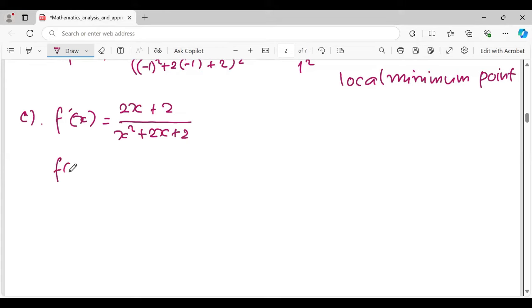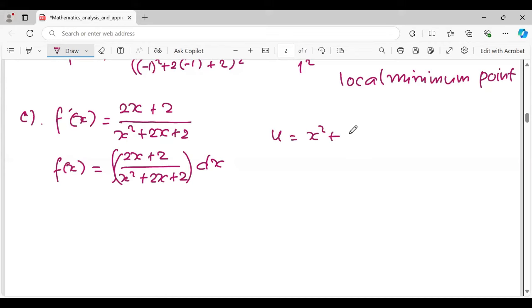So it means f(x) is the integral of this function, (2x + 2) over (x squared + 2x + 2) dx. If u equals x squared + 2x + 2, du is (2x + 2) dx.